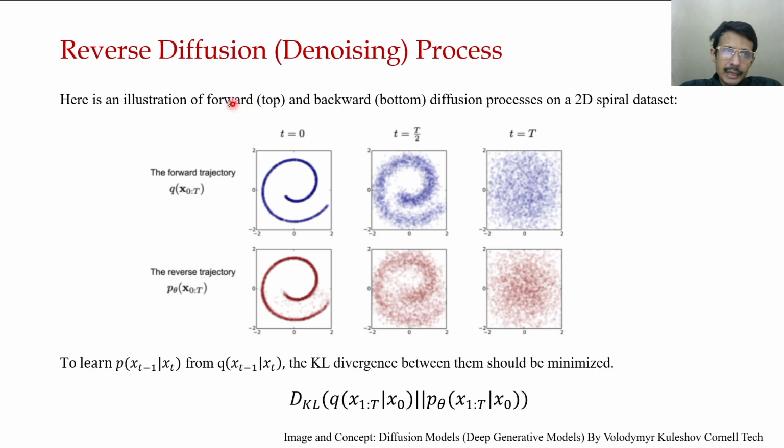Now this is the illustration of how we are going to achieve this. Here you can see this very interesting figure, given in the main paper. This is the forward trajectory, that means t equal to 0 to t equal to T, where we keep on adding noise.